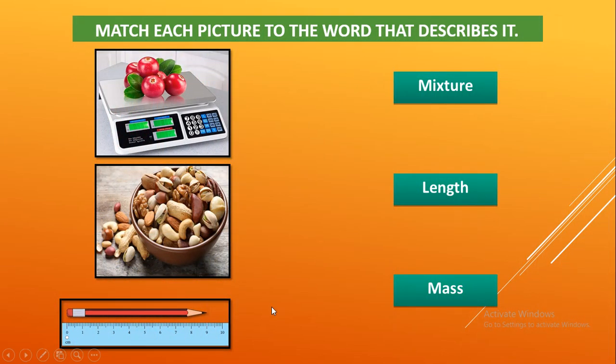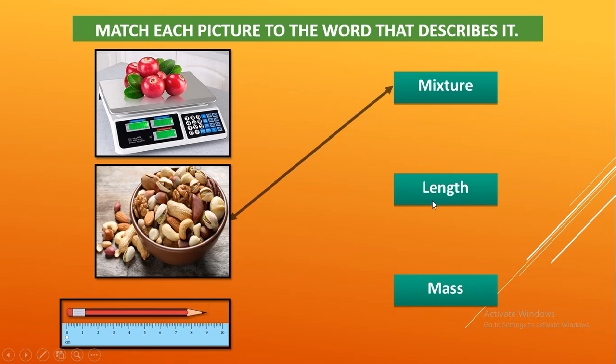Now, let's take this exercise. Match each picture to the word that describes it. Mixture, length, mass. Where is the picture that describes mixture? Yes, of course. This dish of nuts, it's a mixture. What about length?